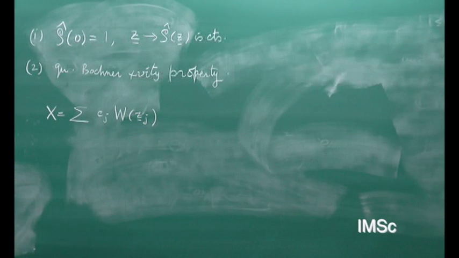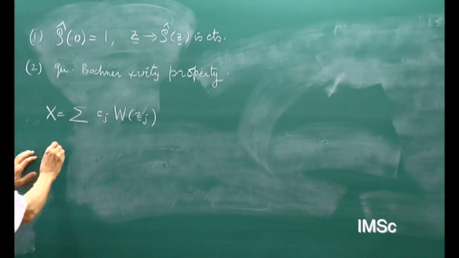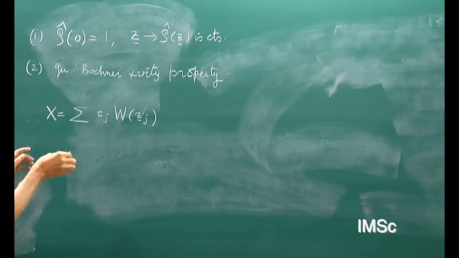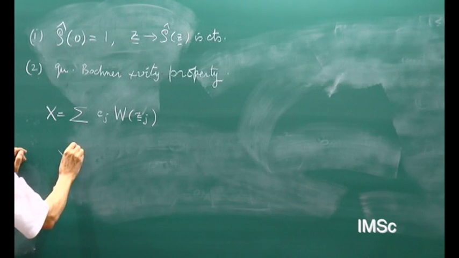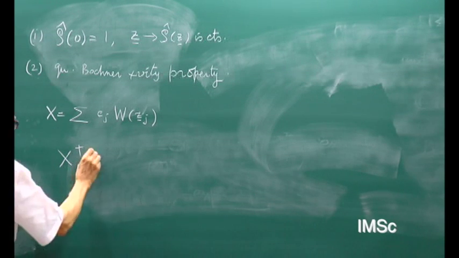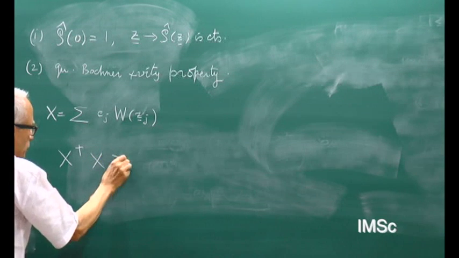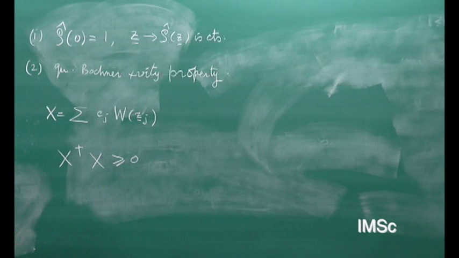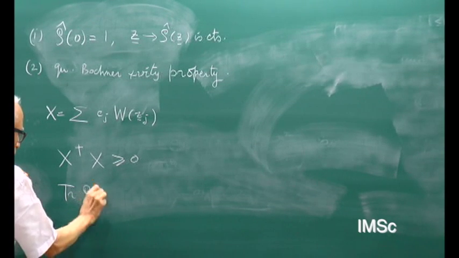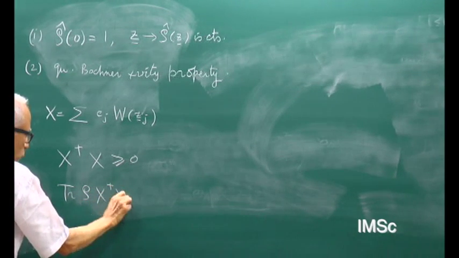Then X adjoint, I use the physicist notation, X dagger means X adjoint. X dagger X is a positive operator.